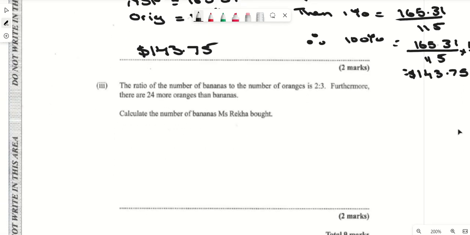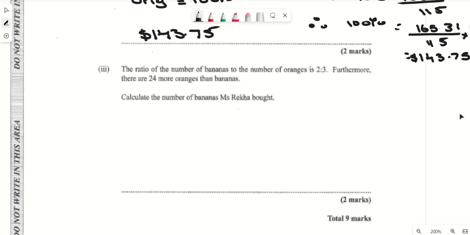Okay, the ratio in the number of bananas to oranges is 2 to 3, right? So bananas is equals to 2 and oranges is equals to 3. Furthermore, there are 24 more oranges than bananas. So they're telling you the difference between oranges and bananas is 24.